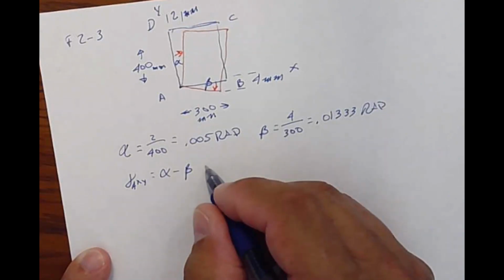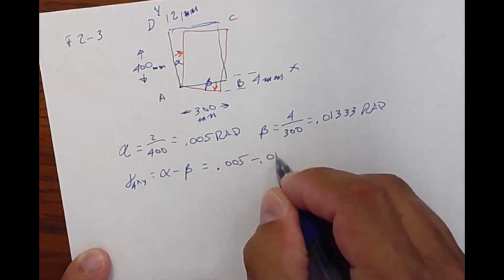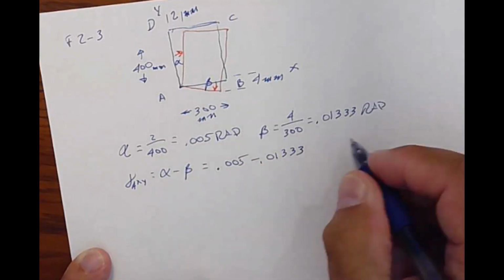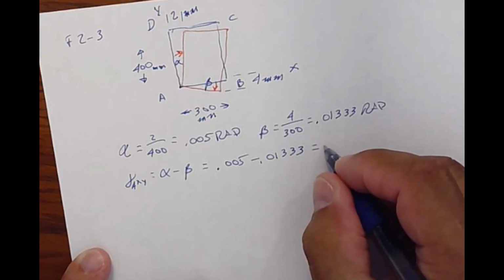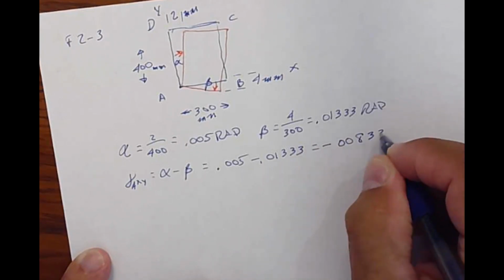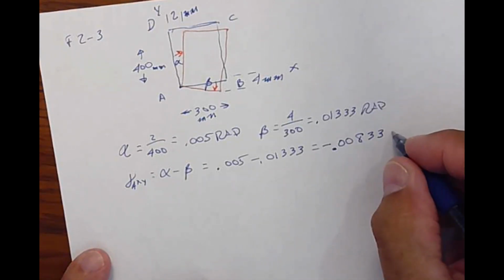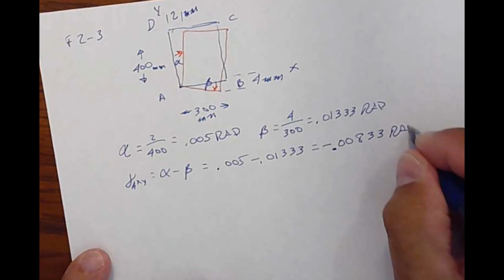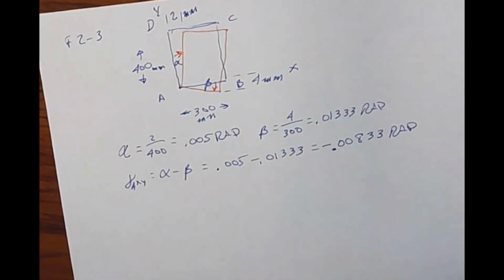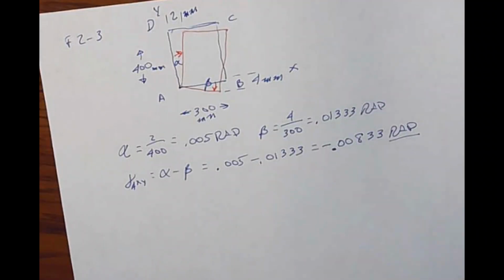And so that's just equal to 0.005 minus 0.01333, and that's equal to negative 0.00833 radians. And remember, shear strain is always in radians. That's it.